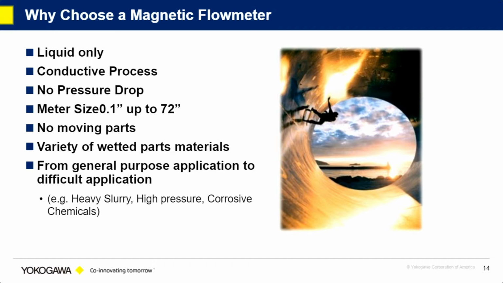That's for DI water applications. Another huge benefit of a mag meter is that there's no pressure drop. So whatever pressure drop calculation you're doing for a piece of pipe is the same that you would use for a mag meter. Wide offering in sizes from 0.1 inch up to 72 inch units.